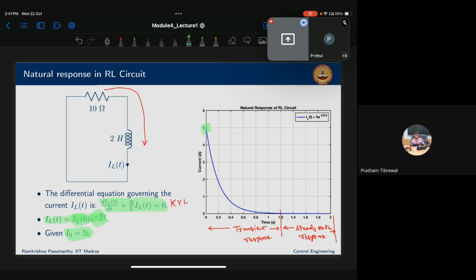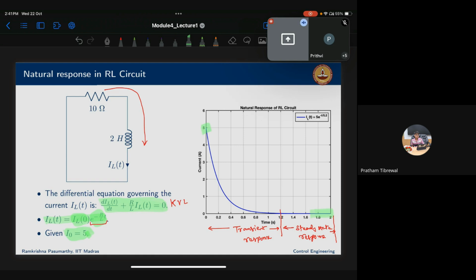As t keeps increasing, this term reduces because it is e power minus some constant into t. So whenever time is very high, the total current goes to 0.